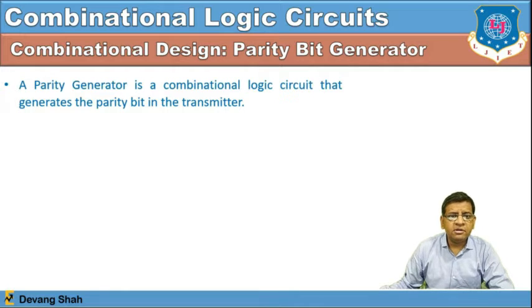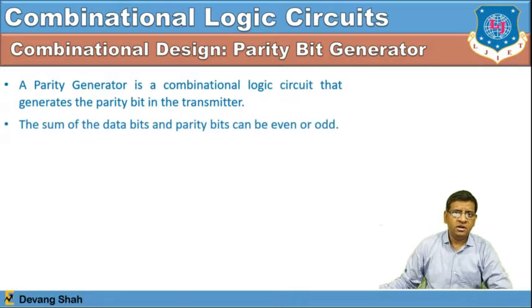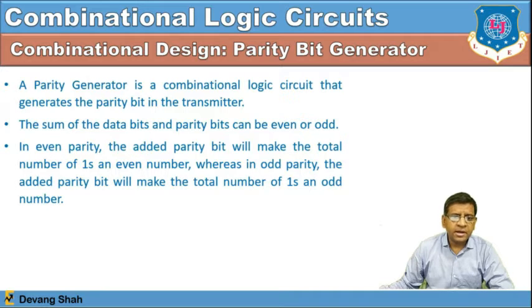A parity generator is a combinational logic circuit that generates the parity bit in a transmitter. As I already discussed, the sum of data bits and the parity bit can be even or odd. In even parity, the added parity bit makes the total number of ones an even number.